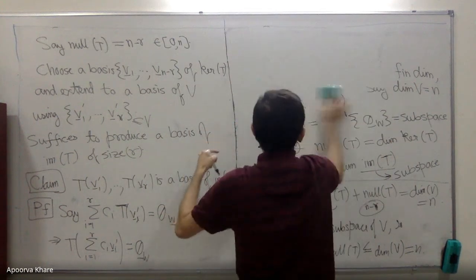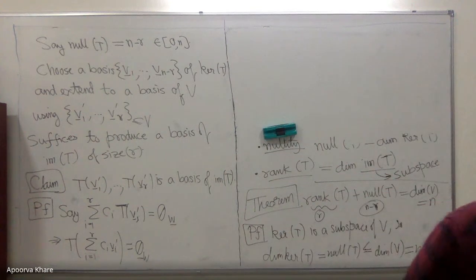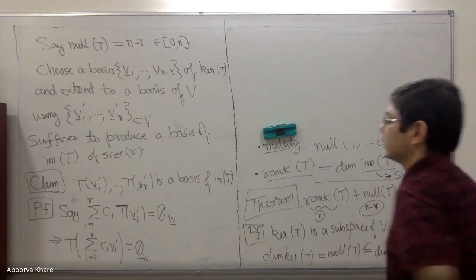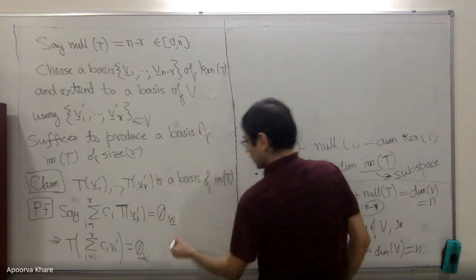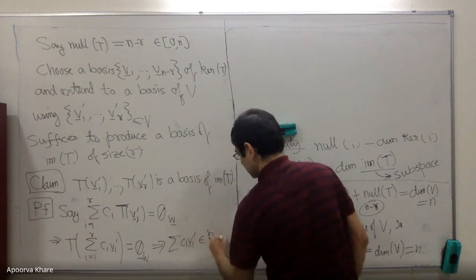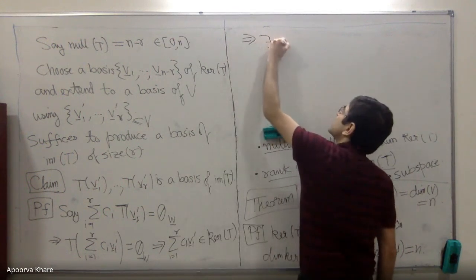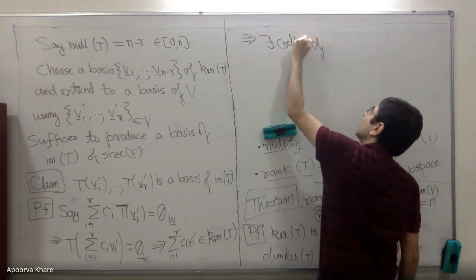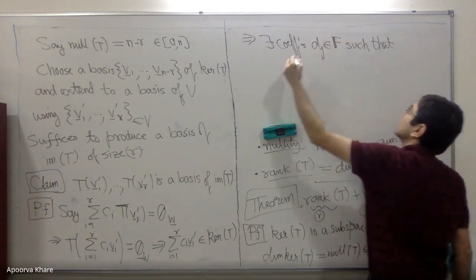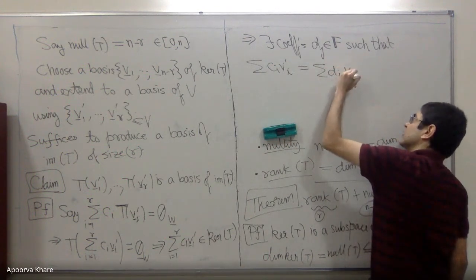So let's write that down. This implies summation ci v prime i belongs to the kernel of T. Which means there exist coefficients dj in F such that summation ci v prime i is equal to summation dj vj.